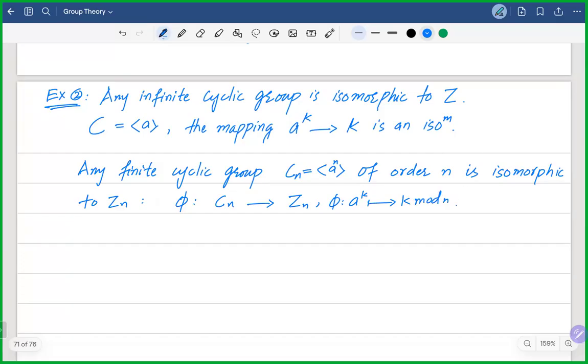Or you can write it in a different way: phi of a power k is k mod n. You can write that also.